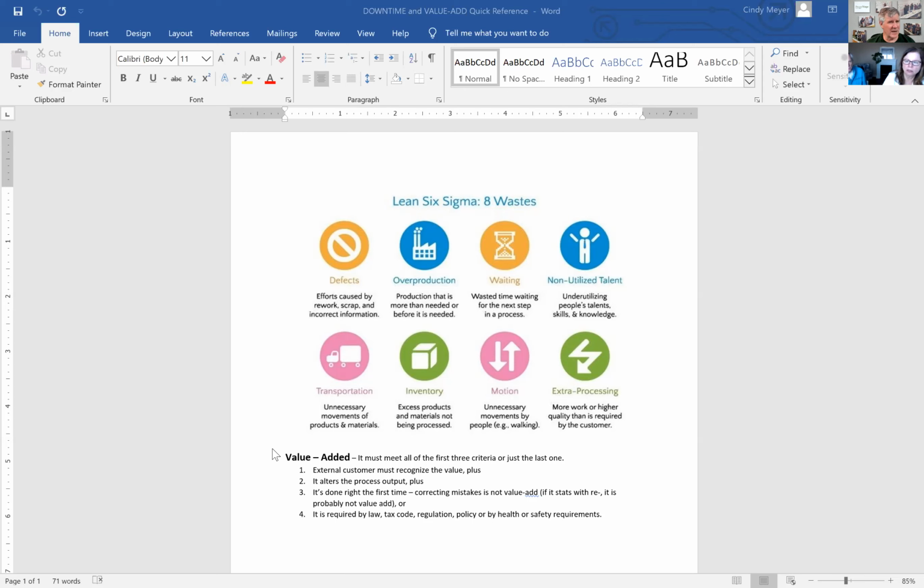Here's my problem though, if I want to be really careful about the people thing. That's going to triage to what? It's going to have to be a train or enforce, right? On what? On which one? On the non-utilized talent? Yeah.